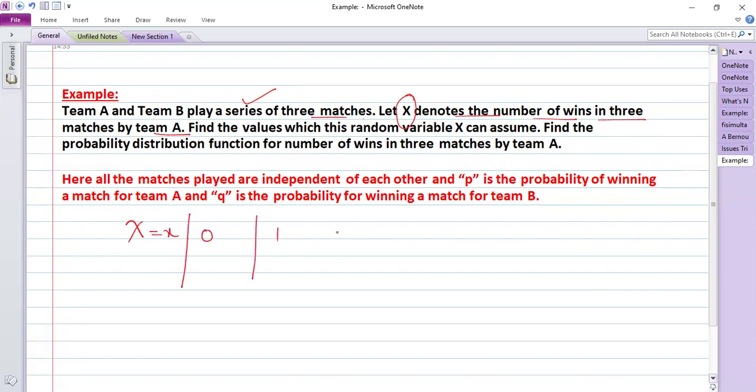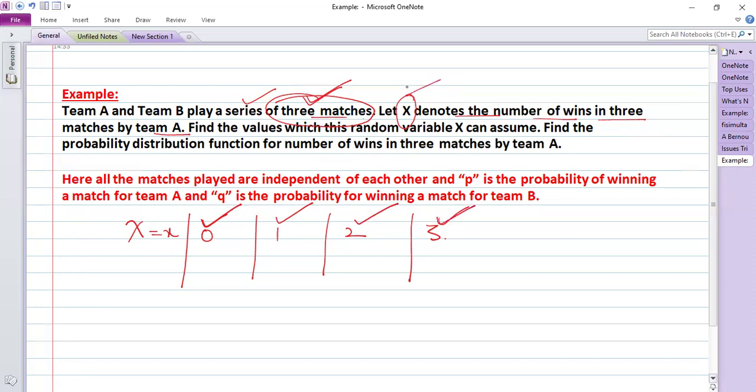It can have value 0, 1, 2, or 3. Out of the three matches played, Team A can win no match, or one match, or two matches, or all three matches.